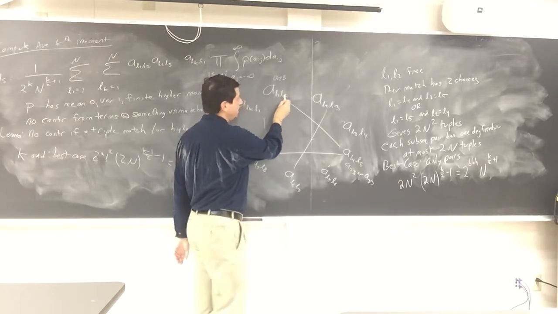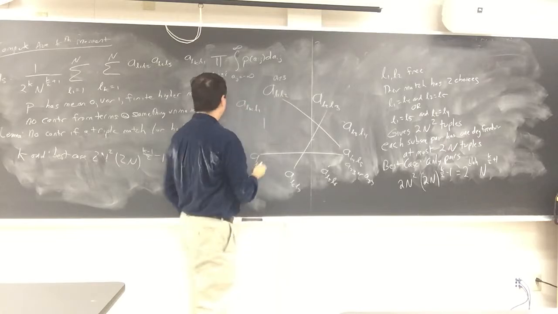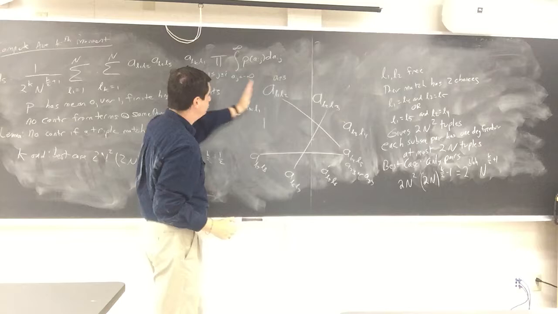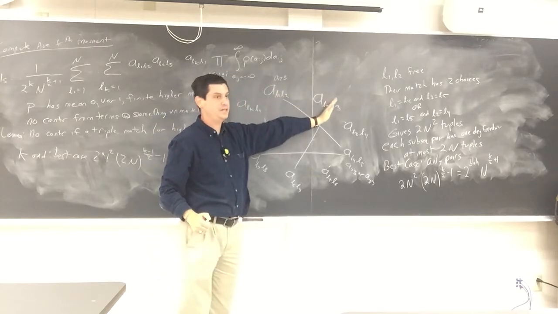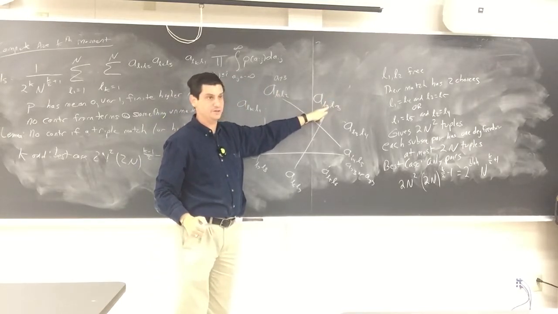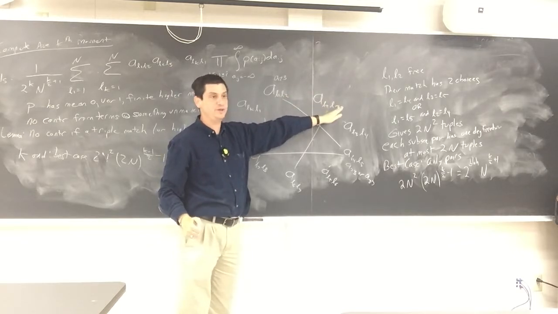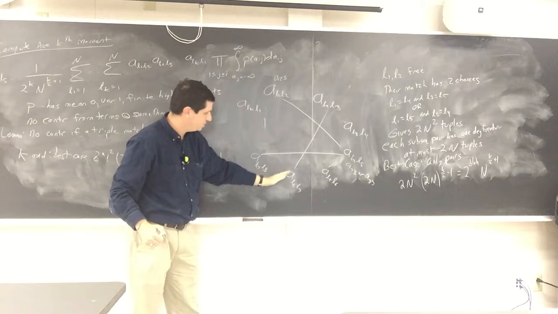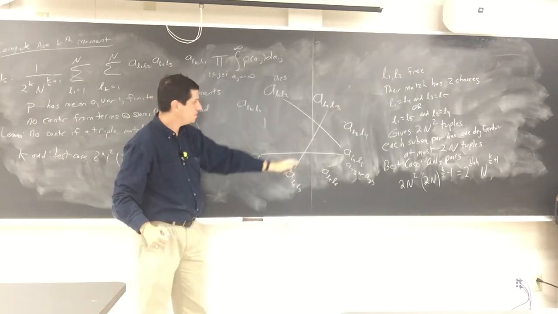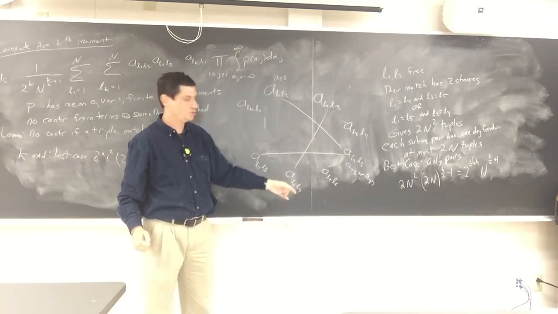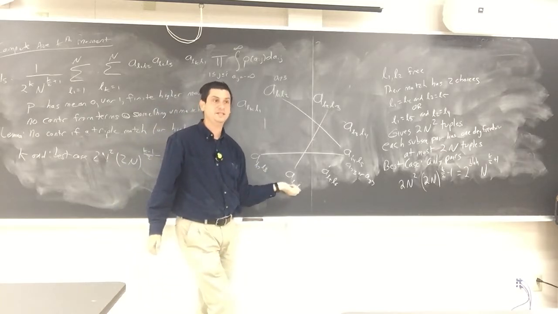Now that I know what L1 and L2 are, I've chosen L1 and L2. I have this beautiful sum of k things, each going from 1 to n. I've chosen L1, L2. I now move on here. L2 is already chosen. It's inherited from here. L3 is free, so I can choose L3 freely. This is now matched with something. Because they're matched, I know both of these indices are now known. So L6 and L7 are now completely determined.